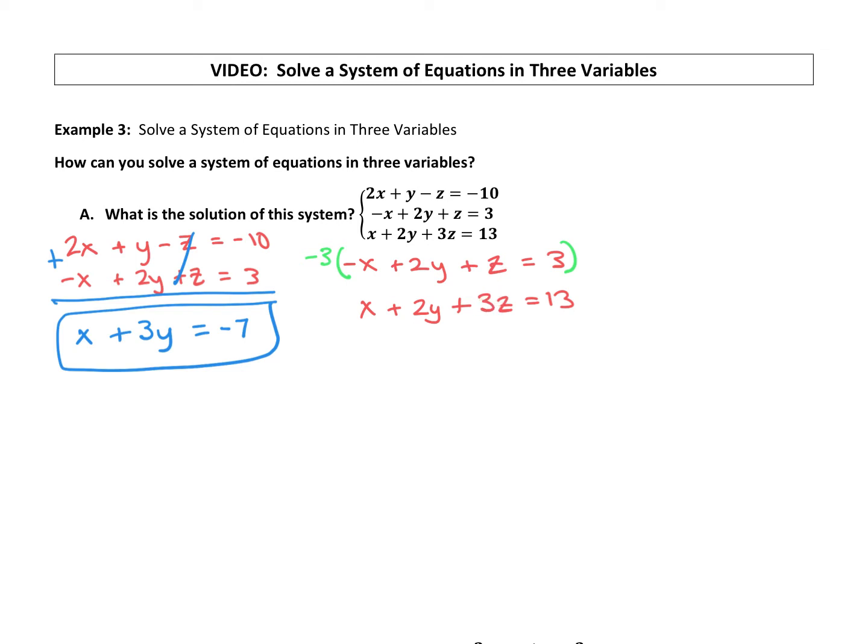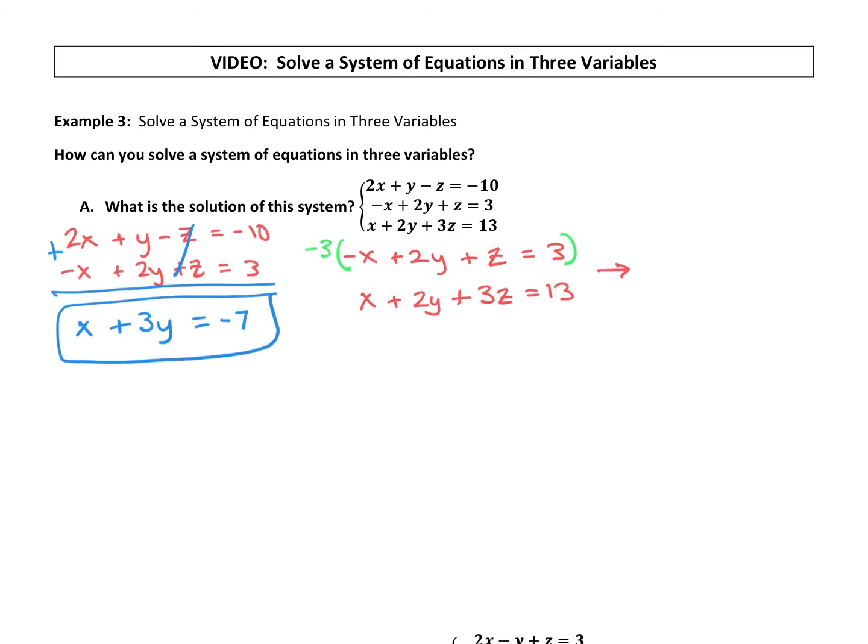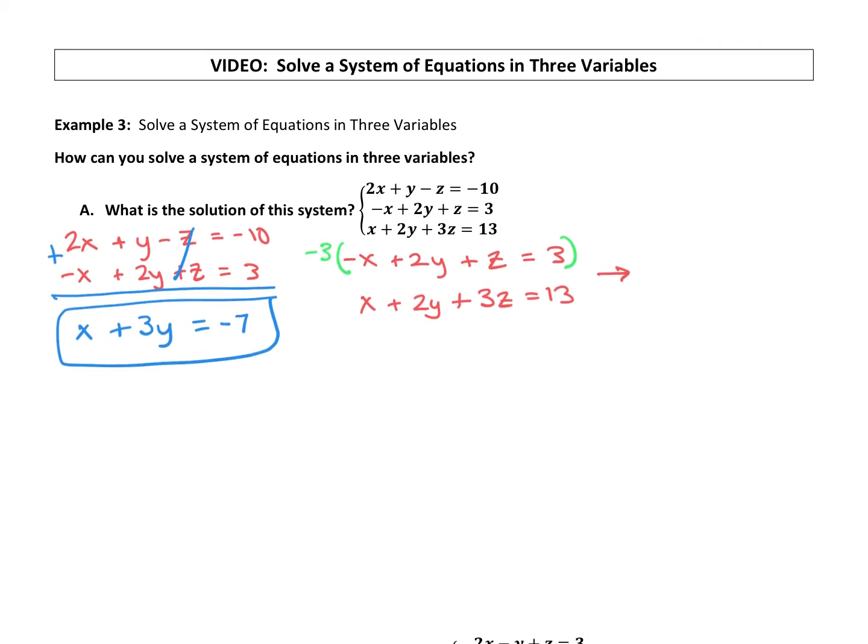So I am just going to say, okay, we got to do this work over here. Multiply the top equation by negative 3 will give us negative 3 times negative x is positive 3x. Negative 3 times 2y is a negative 6y. Negative 3 times z is negative 3z. That's what we wanted.